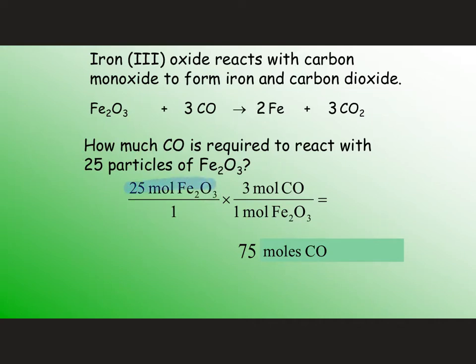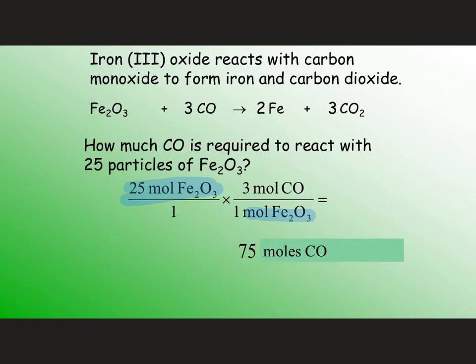So now that I have my given set up here, 25 moles of Fe2O3, I'm going to use a skill we started with, dimensional analysis. Whatever units I have on the top go to the bottom of the next conversion factor. So if I have moles of Fe2O3 on the top, I shall bring moles of Fe2O3 to the bottom.